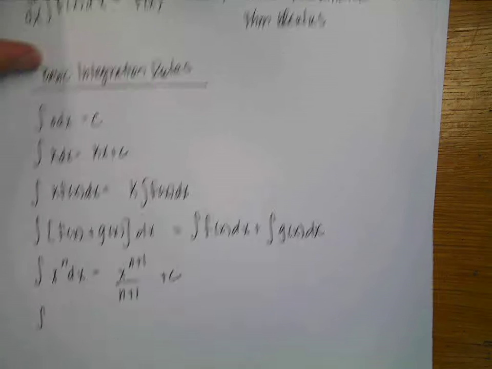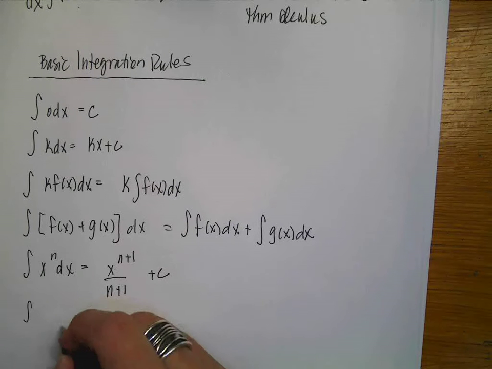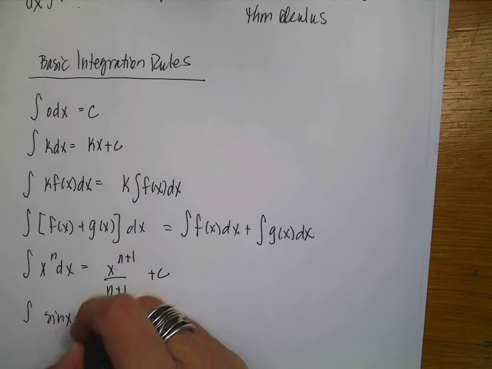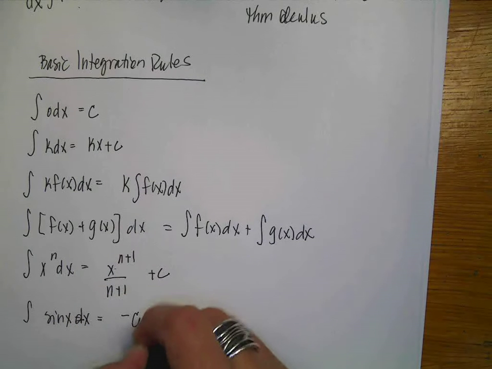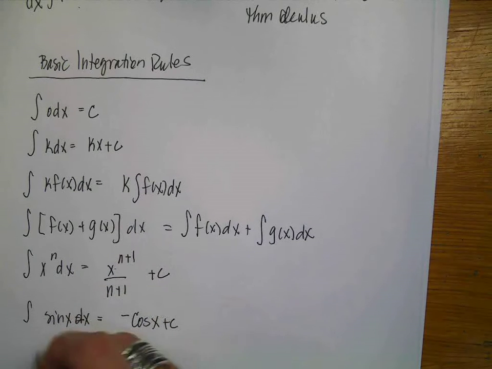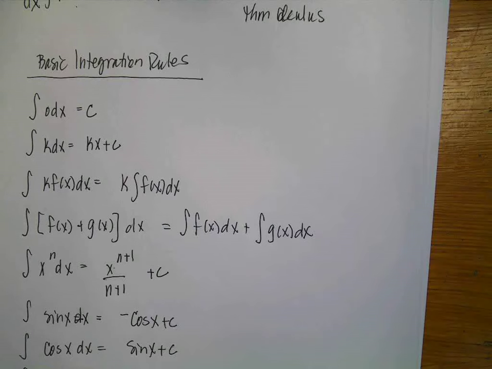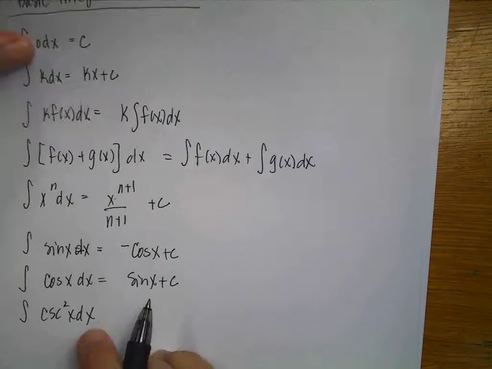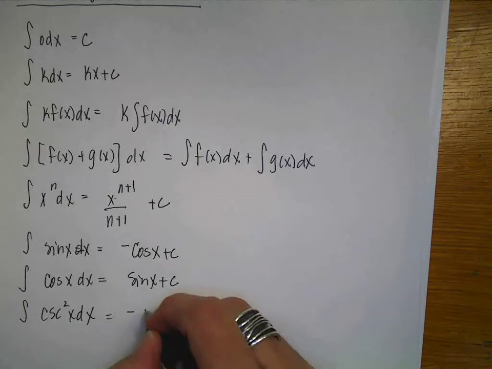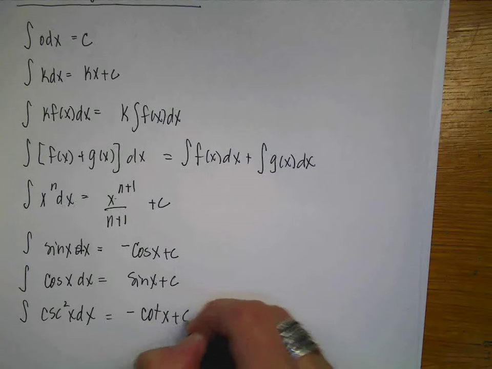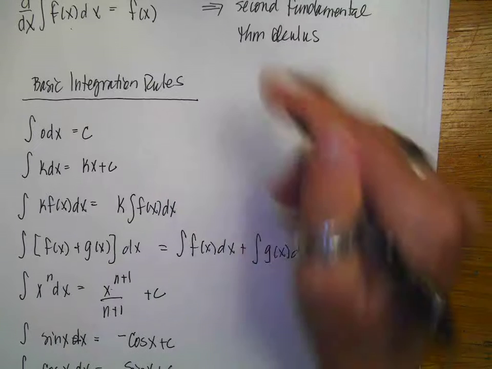The integral, I think I'm going to run out of room, so I'm going to scoot them over a little bit, of the sine of x dx, I forgot my dx, is a negative cosine of x plus c. The integral of the cosine of x dx is the sine of x plus c. The integral of cosecant squared x dx is a negative cotangent x plus c.